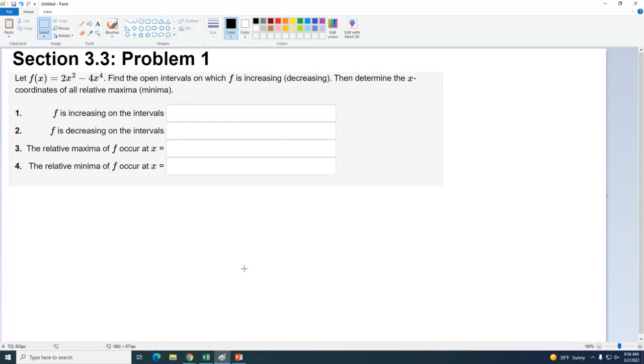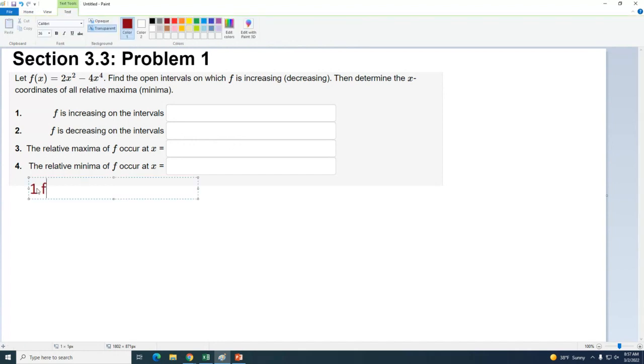The third is the local maximum, and the fourth is the relative minimum or local minimum. So we're going to follow what we've been talking about. You analyze the derivative sign, and you're going to analyze the intervals. Then you're going to analyze whether we have a maximum for the whole function.